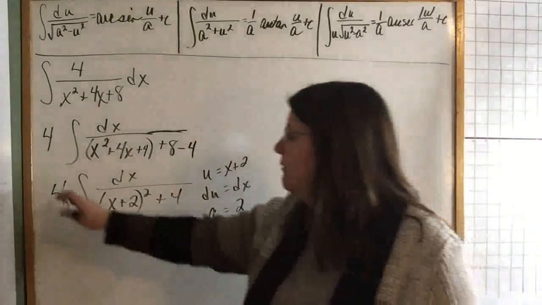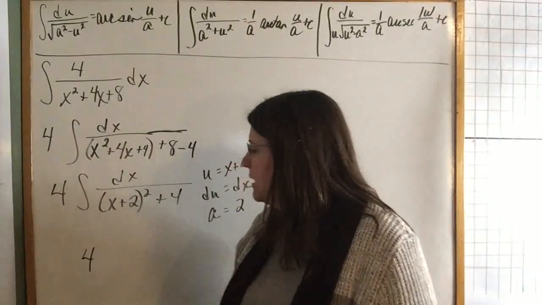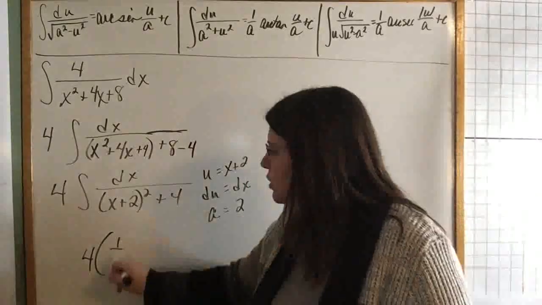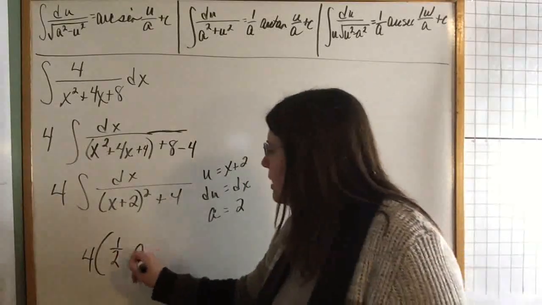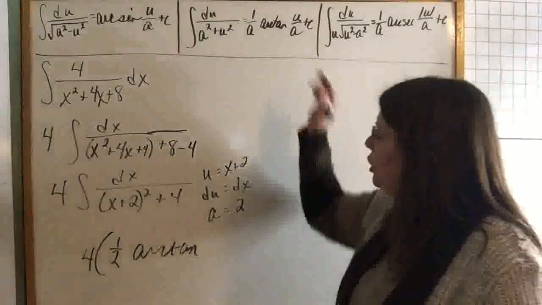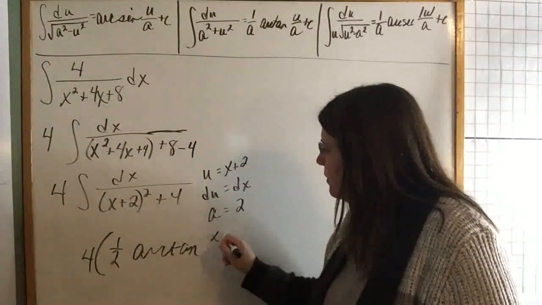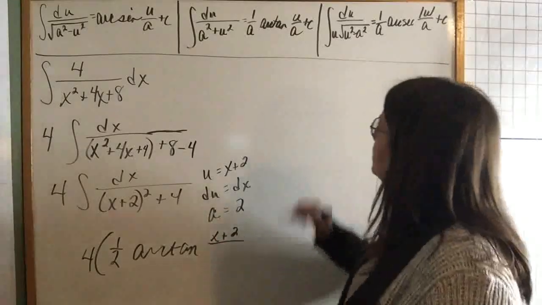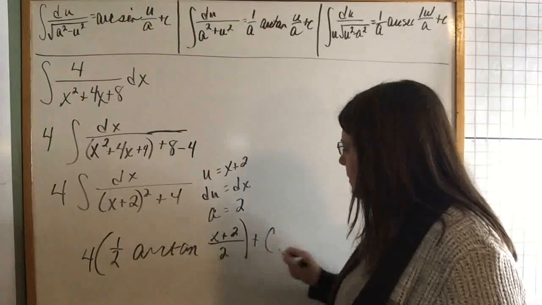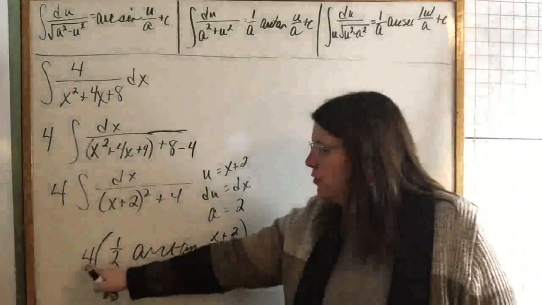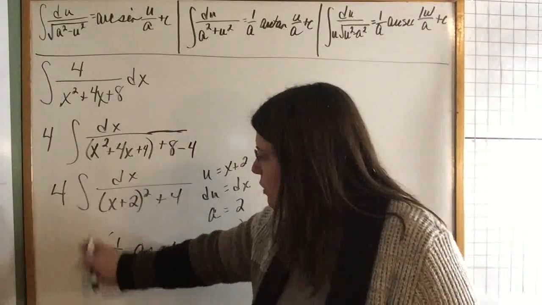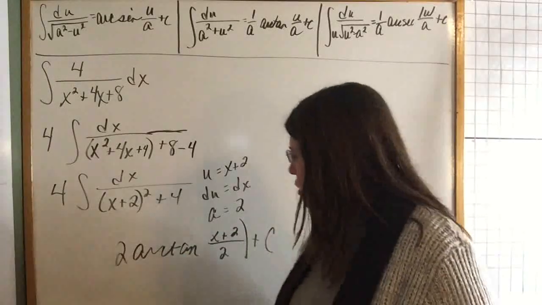So my answer would be a 4, I keep that 4 in the front, times 1 over a, which is 2, arctangent of u, which is x plus 2, over a, which is 2, plus c. And then I could multiply the 4 times the 1/2, which would make that a 2.